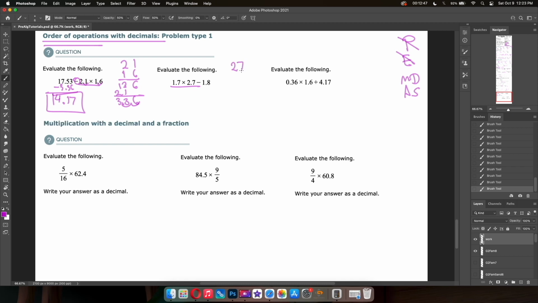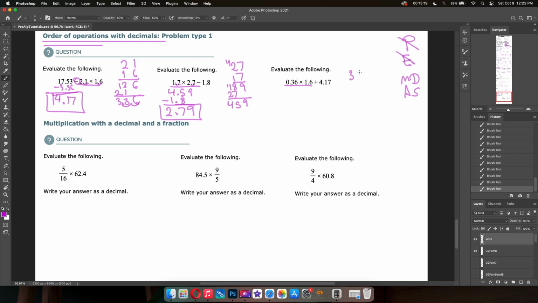So 27 times 17, that's 49, so that's going to be 189, and then that's going to be 459, and there's 1, 2 decimal places. So it is 4.59 minus 1.8. So that's 2.79. Not so bad. Again, multiplication and division comes first.